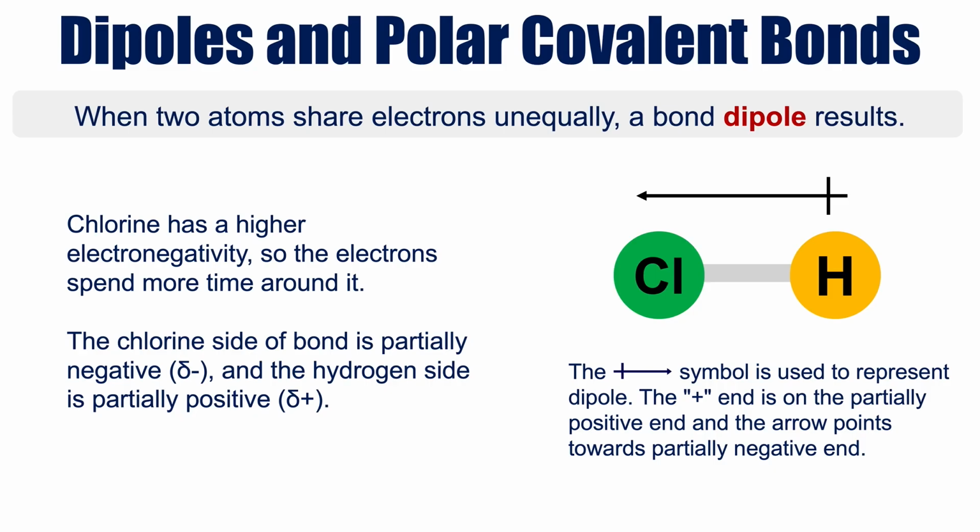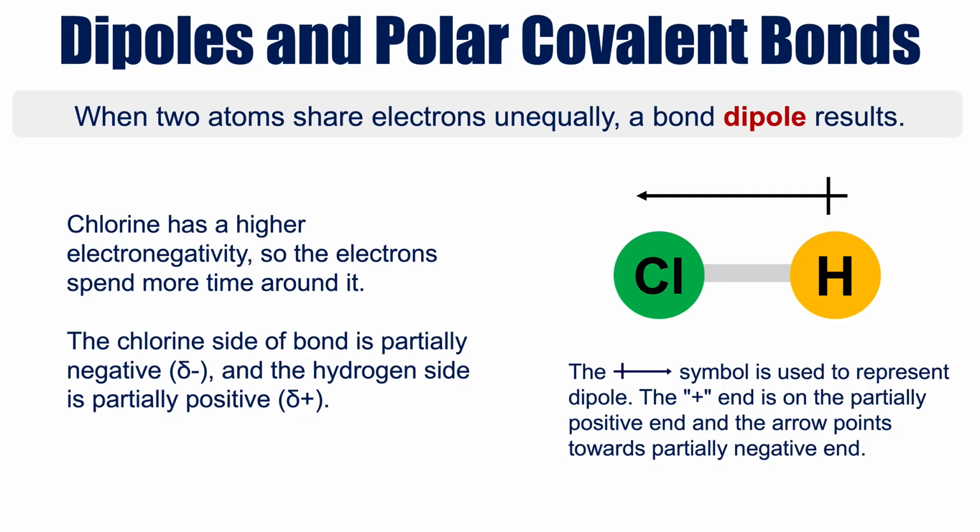This idea that in a polar covalent bond you have one side being partially negative and the other side being partially positive results in what's called a dipole being formed. Think of di meaning two, pole, you have these two different ends of the bond. One end is partially positive and the other end is partially negative. To represent that a dipole is formed between two elements, we use a certain symbol.